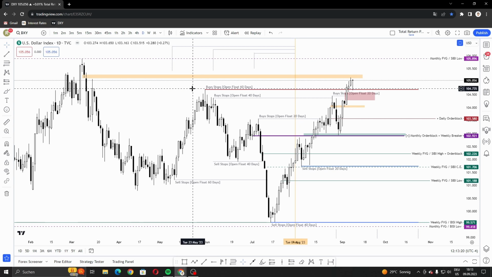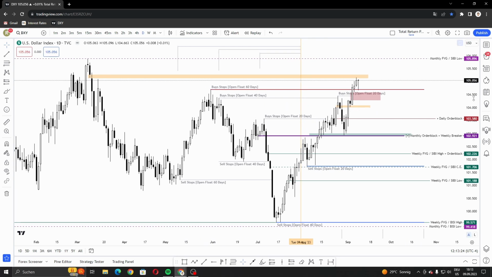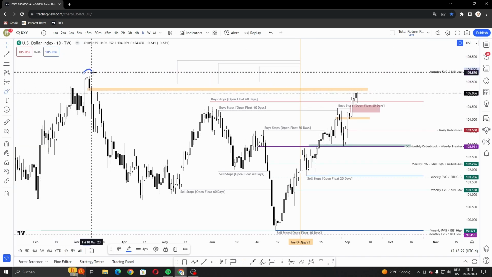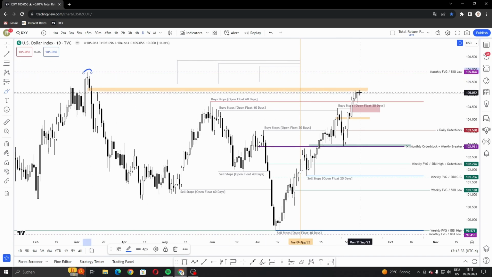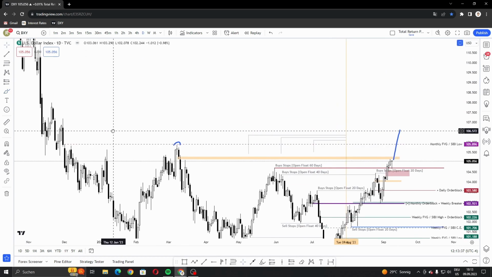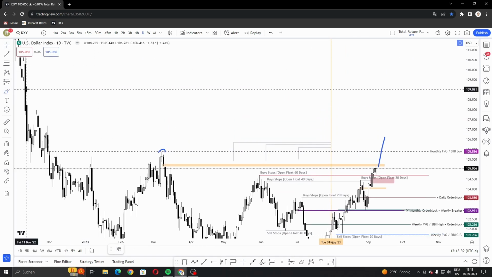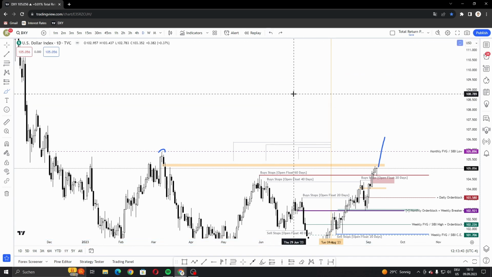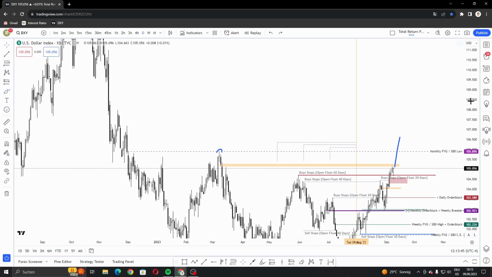So we have taken all the buy stops, and right now I probably anticipate a very impulsive move above this high right here, with a great expansion, probably targeting this volume fair value gap right here, which is still open. So let's see how this plays out.